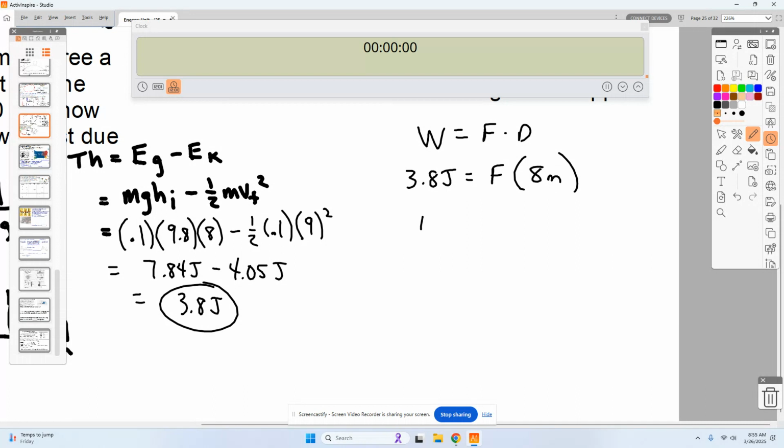And so if I want to get that force, I just take the 3.8 divided by the 8. And that's about 0.47 newtons. And so that'll give us a sense of the average drag force, okay?